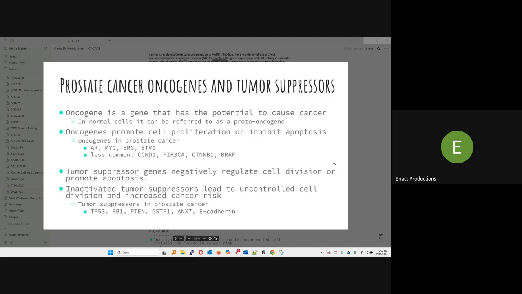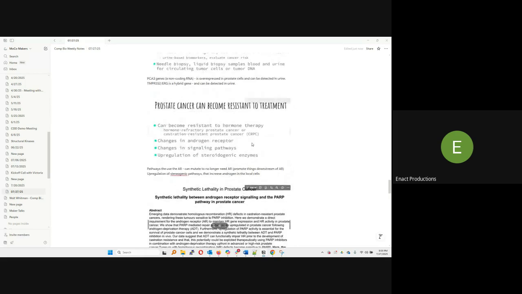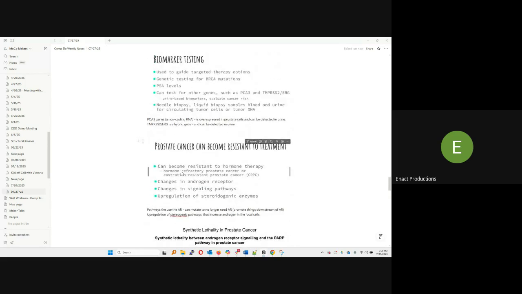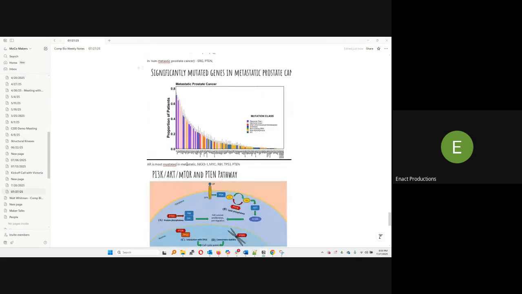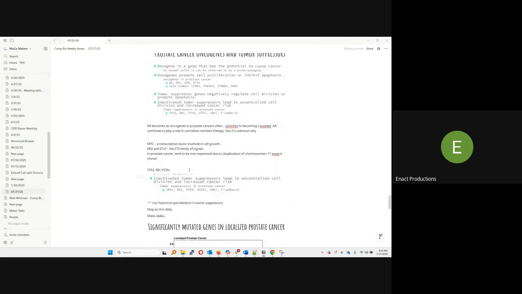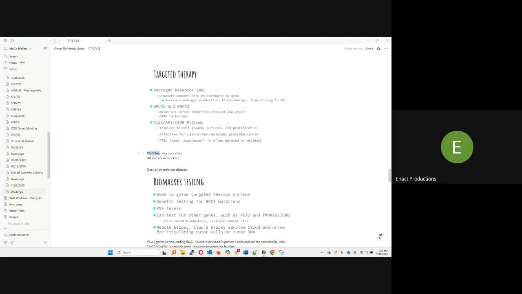And what we've done historically is tie it to classes of mechanisms of action. You talked about certainly PARP inhibitors as a class. We talked about androgen mimics and blockers.